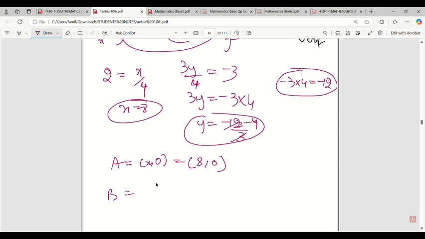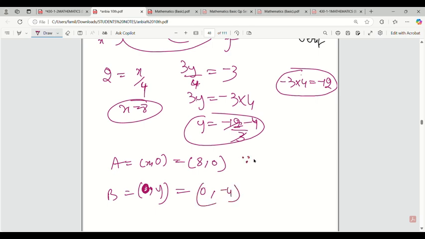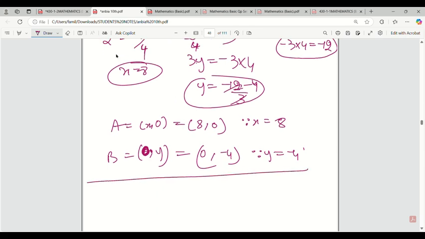B is 0 comma y, which is equal to minus 4. So the value will be 0 comma minus 4. Why? Because x is equal to 8 and y is equal to minus 4. That's the only reason, there's nothing other than that.